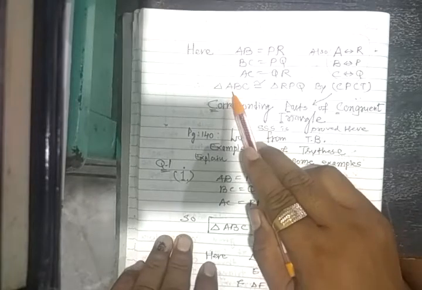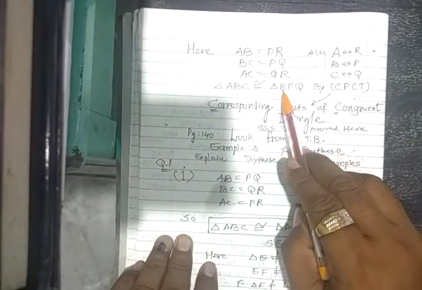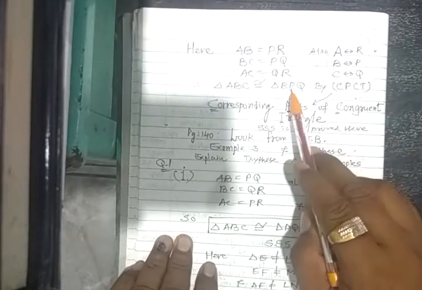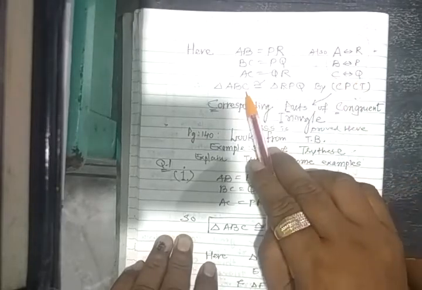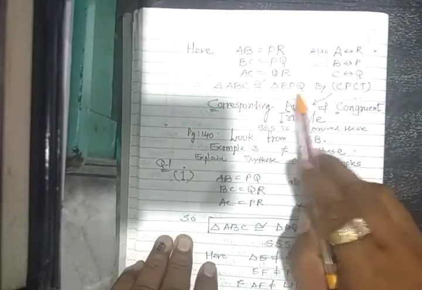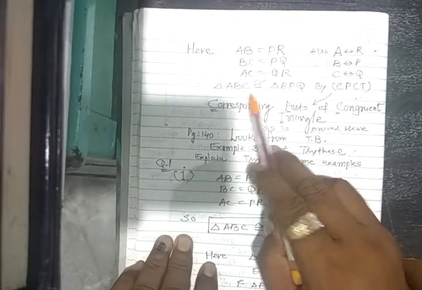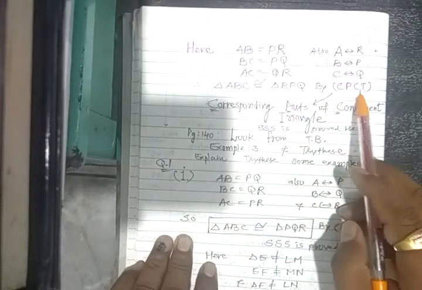A corresponds to R first, then B corresponds to P, then C corresponds to Q. So triangle ABC corresponds to triangle RPQ by CPCT.